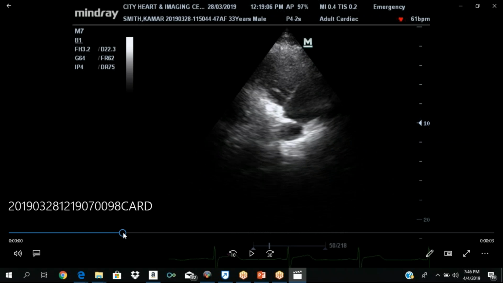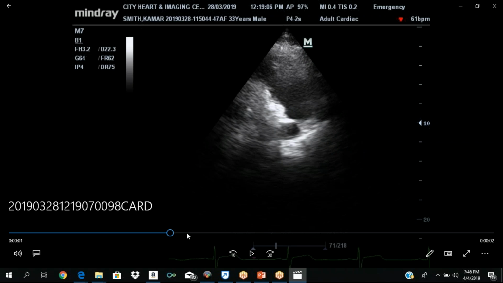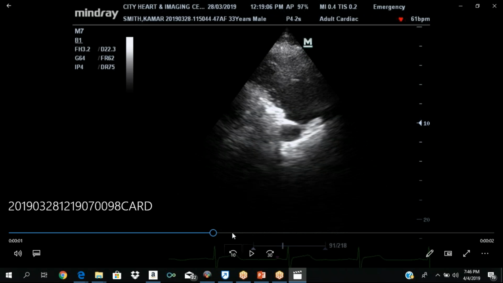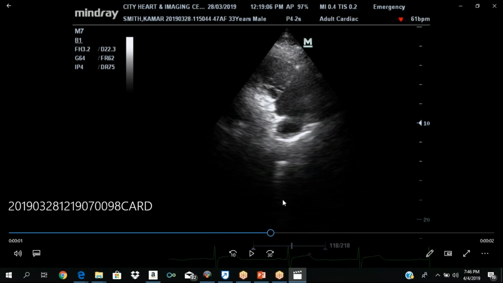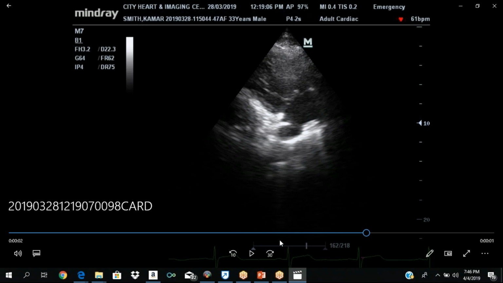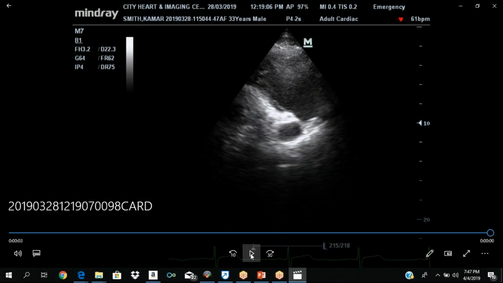So you have to be familiar with the different leaflets of the tricuspid valve. Again, the posterior leaflet is over here, and this is the anterior leaflet. And when you put it in play, you can see it.